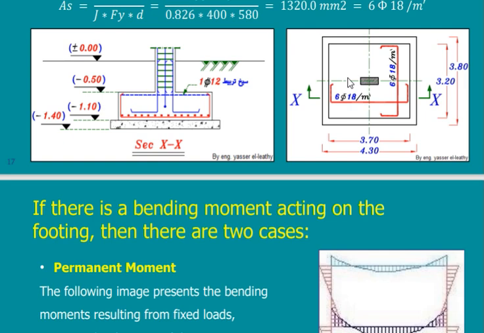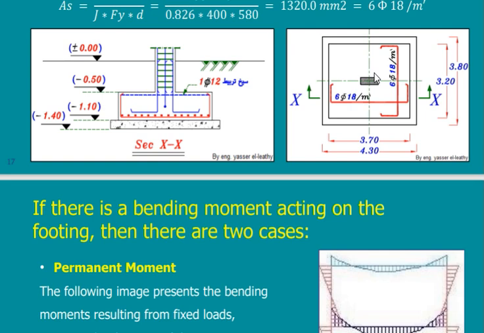The only difference will be in the length of this cantilever. In this example, this cantilever was the same as this, as this, as this, so we only designed one section. But when I shift this, I will have two sections: one for the bigger cantilever and one for the cantilever in the perpendicular direction.